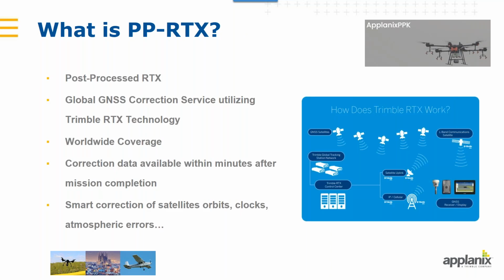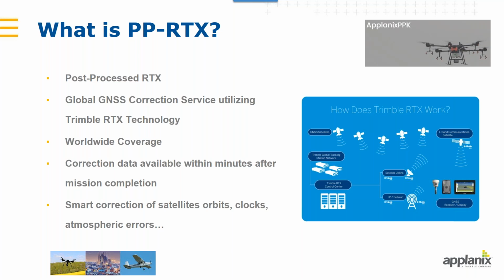So what is PPRTX? PPRTX stands for Post-Processed RTX. So what we are using here is the Trimble RTX network. Trimble has a network of tracking stations worldwide, collecting data day and night. All data are processed in a control center, and via a smart algorithm, it creates a set of correction data for the rover.